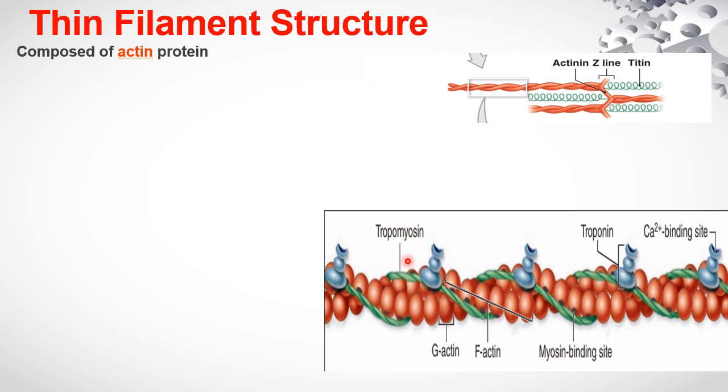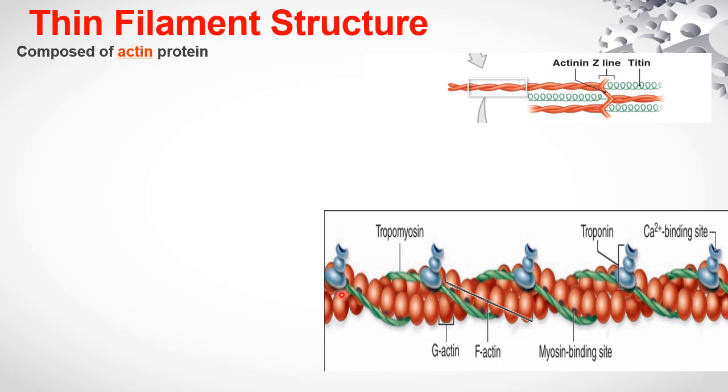Then this is what you're able to see here, and this actin protein is made up of repeating units of G actin and F actin, and it is a spiral. It is composed of two polypeptide chains which are wound around each other, and it is also composed of two regulatory proteins known as tropomyosin and troponin.